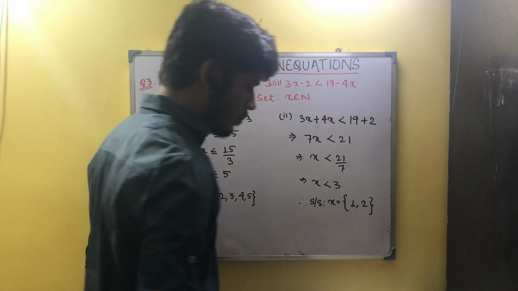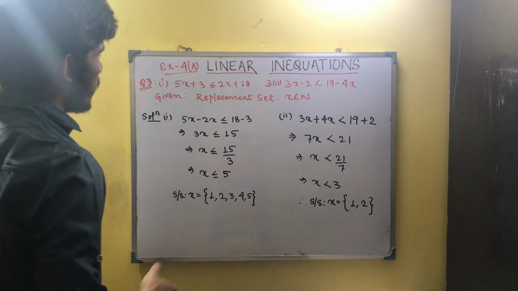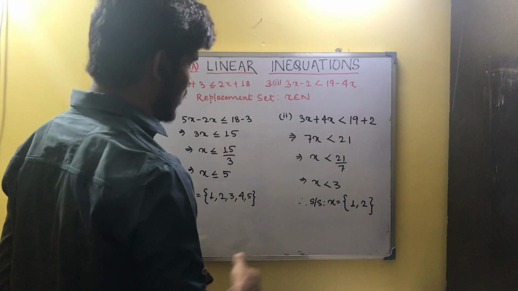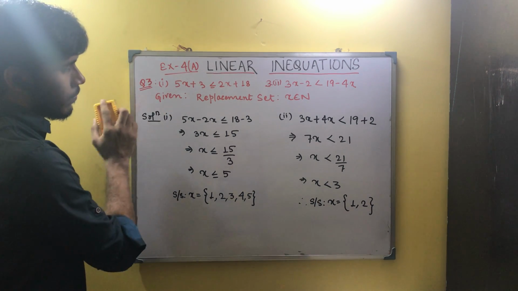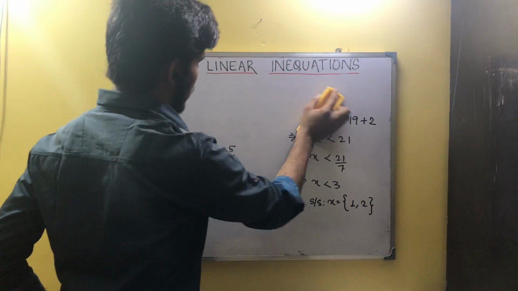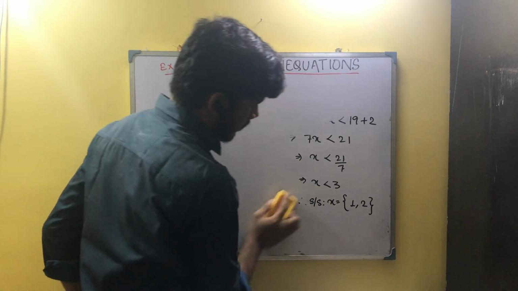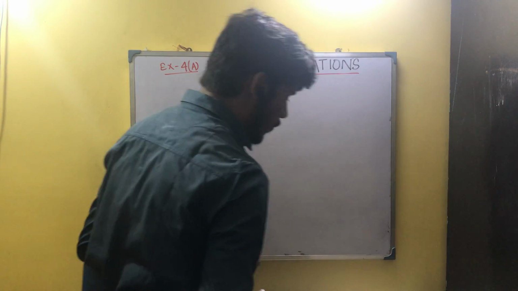Okay, so let's solve question number 5, and question number 4 I will be solving in a separate video because that's a long question. So let's solve question number 5.